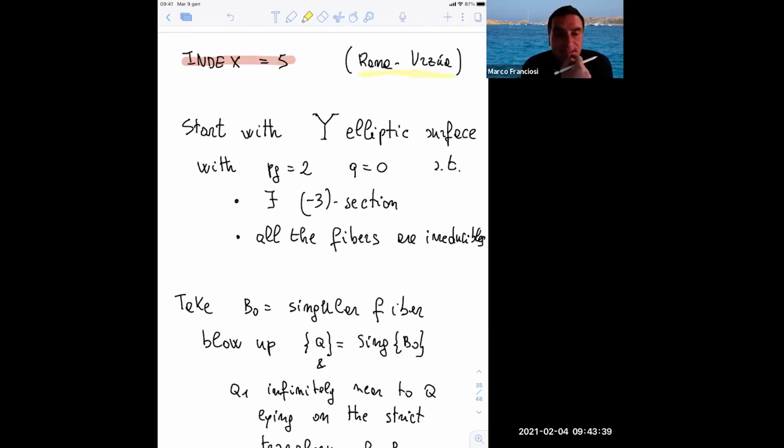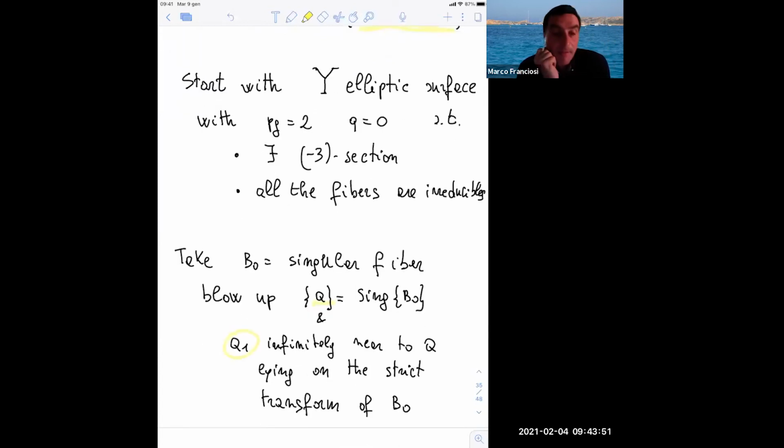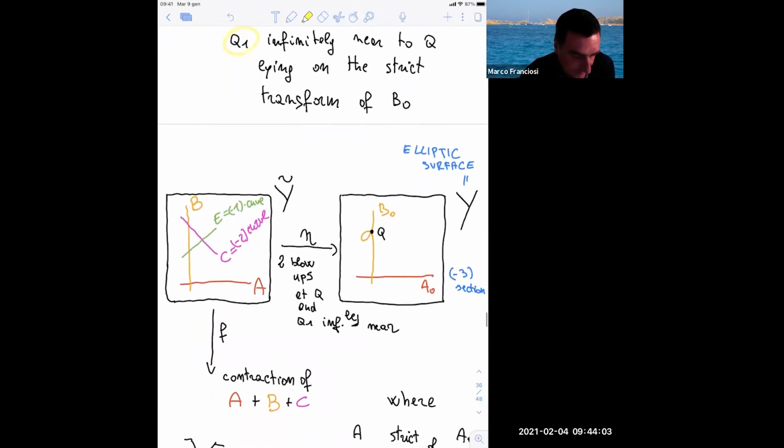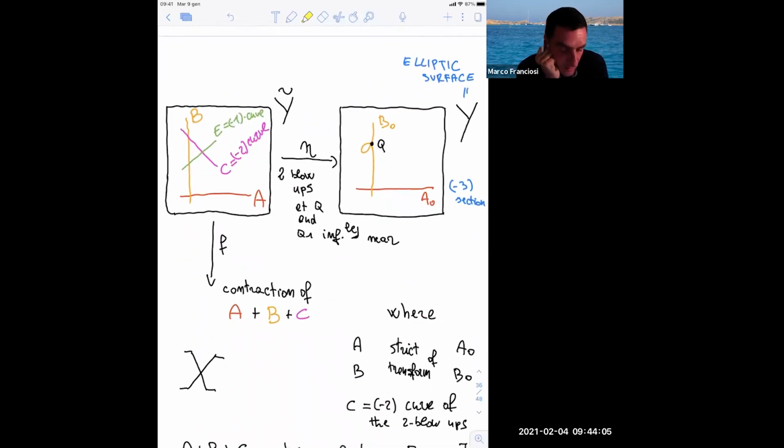We consider a singular fiber and we blow up the singular point Q, and we blow up a second infinitely near point to Q, lying on the strict transform of B0. So the picture is the following. It's almost the same as in the previous case, but in some sense it's simpler.